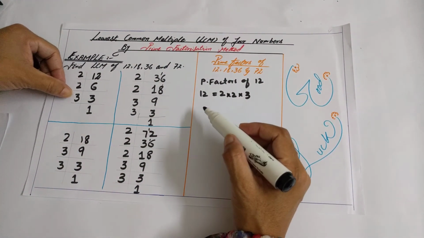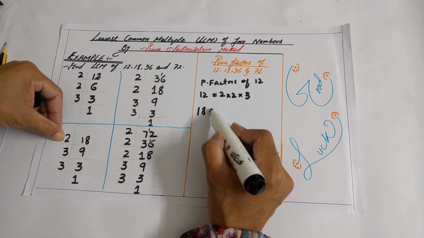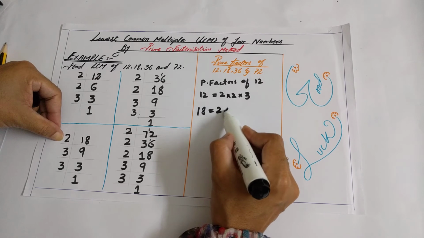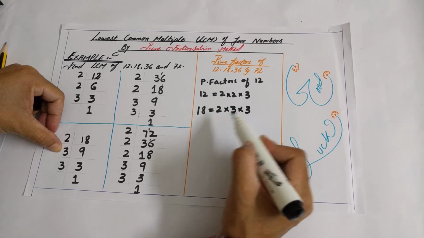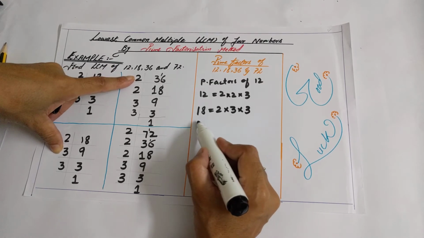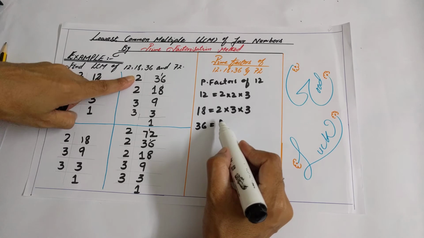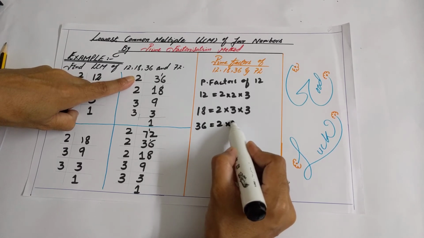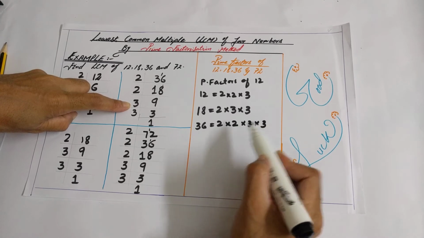Now prime factors of 18. What are the prime factors of 18? 2, 3 and 3. Next is prime factors of 36. What are the prime factors of 36? 2, 2, 3 and 3.